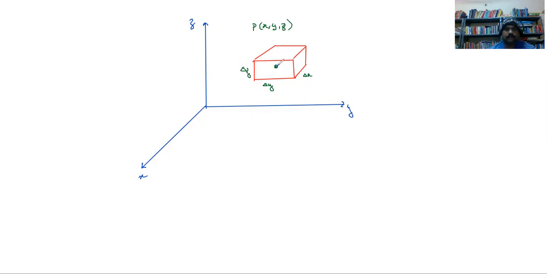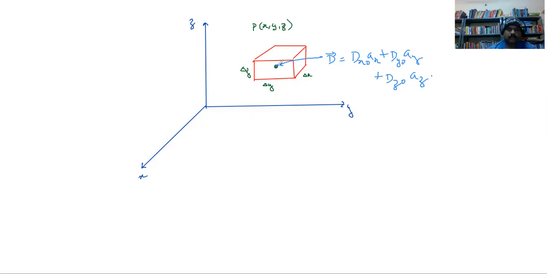So this point P is the source of the flux density D. From this the flux emanates, it moves out. So dx ax, dy ay, dz az.